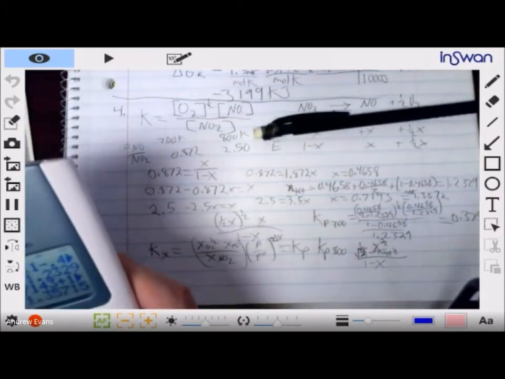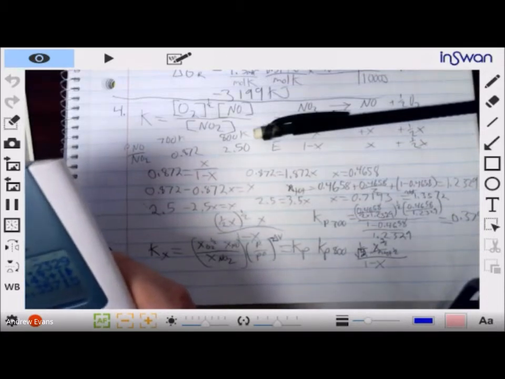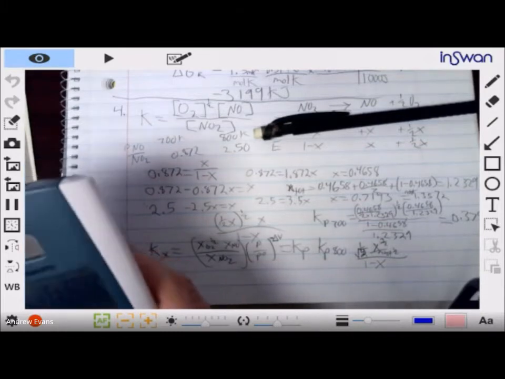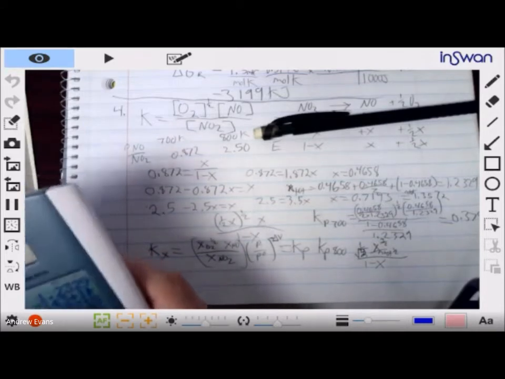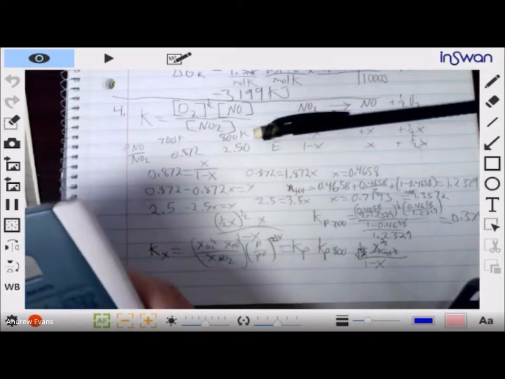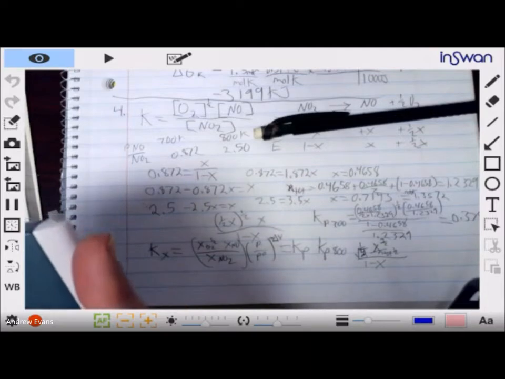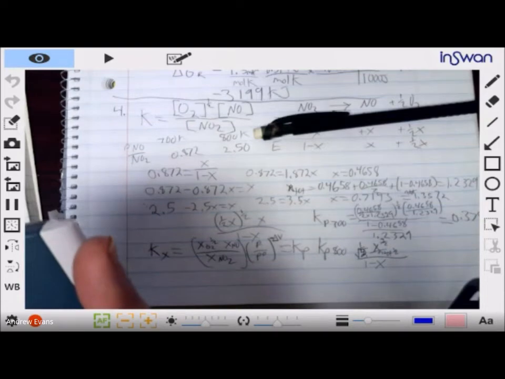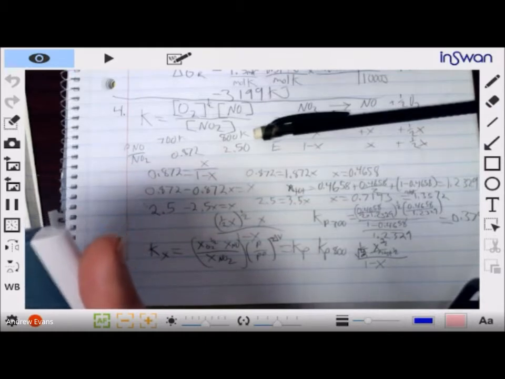So, 0.7143 to the 3/2 over square root of 2, divided by n total, 1.3572 to the 0.5, finally divided by 1 minus 0.7143.